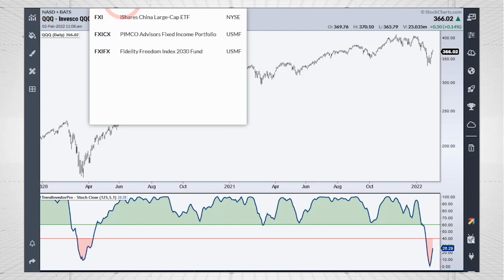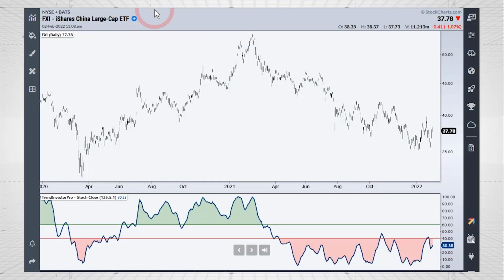So I'm going to show FXI, the China iShares large cap ETF. And we can see here StochClose is at 30, but in contrast to QQQ, StochClose has been in the lower half of its range for several months since the spring of 2021. And that means FXI was pretty much relatively weak or in the bottom half of performance for ETFs.